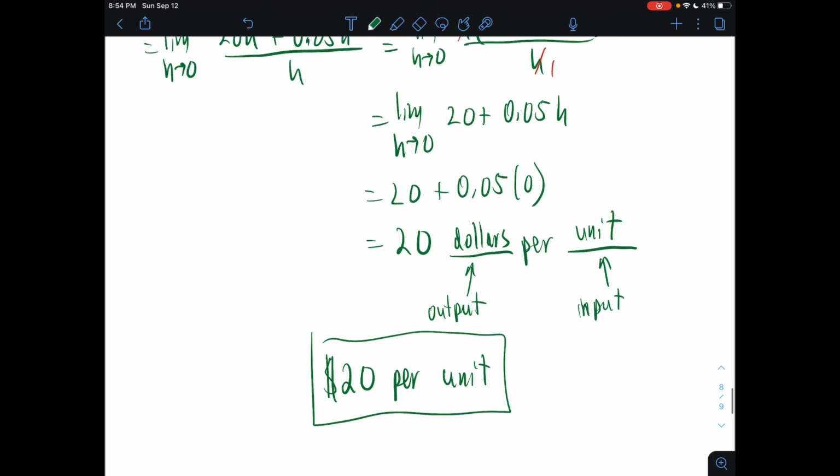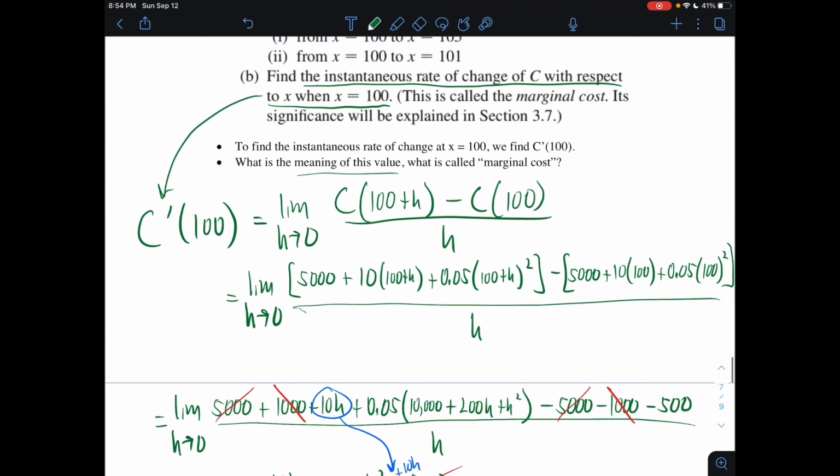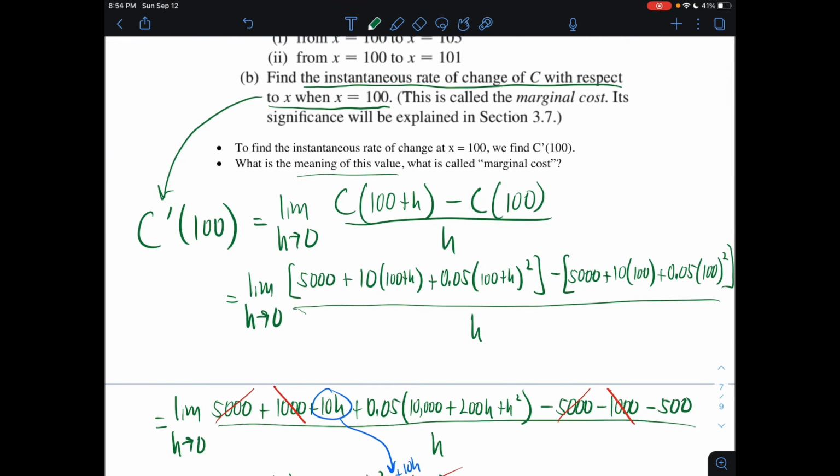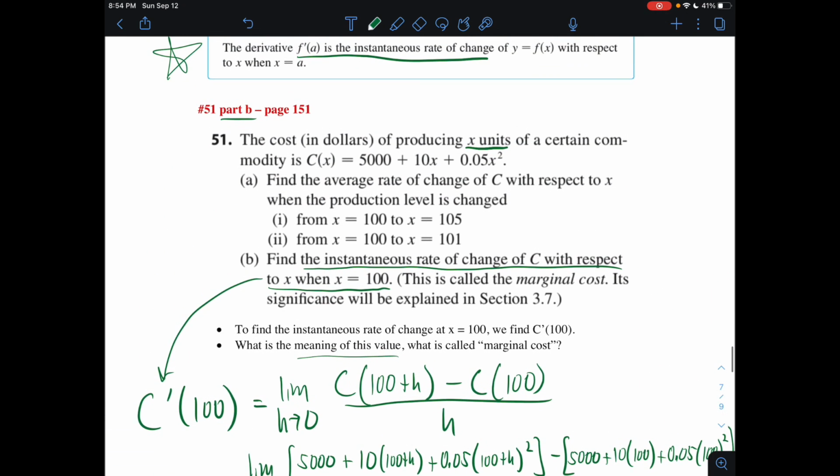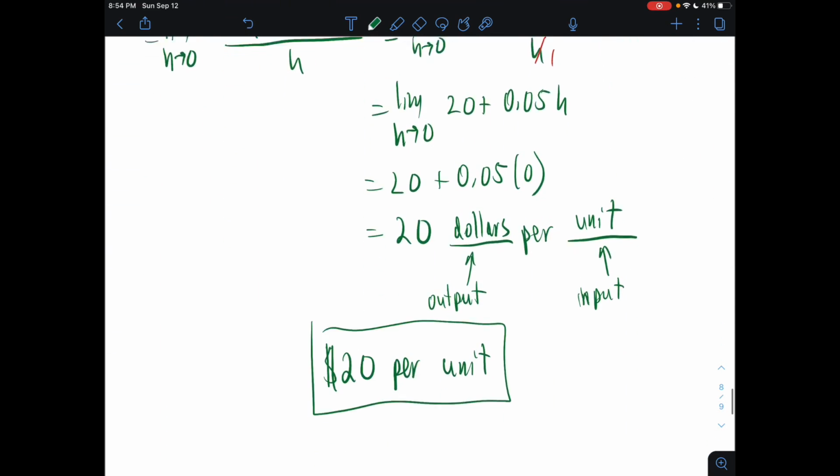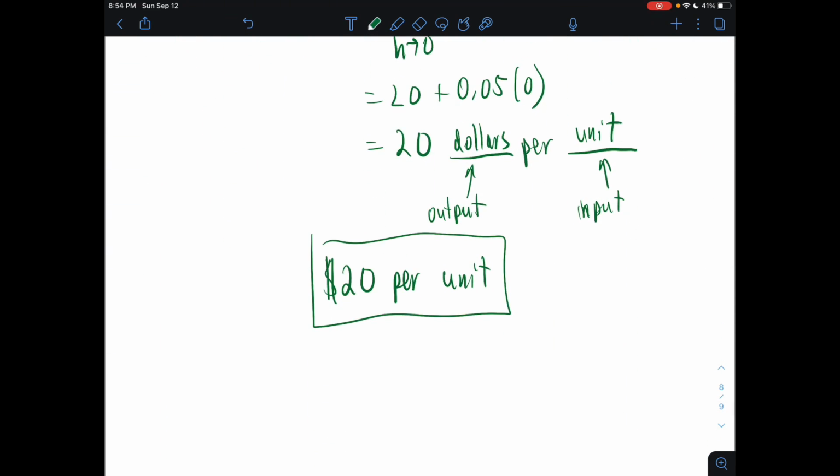So now let's discuss the meaning of this. What is the meaning of $20 per unit? What this is saying is that if we increase production by just 1 unit, meaning x increases by 1, then our cost increases by $20.